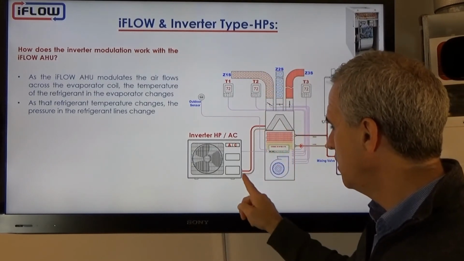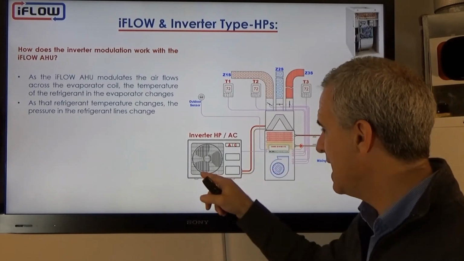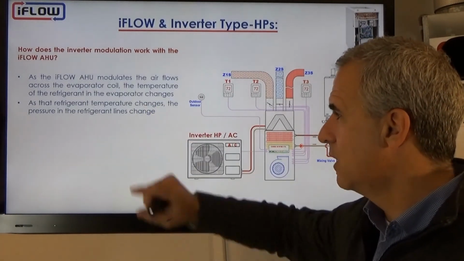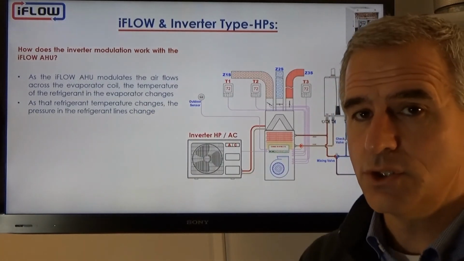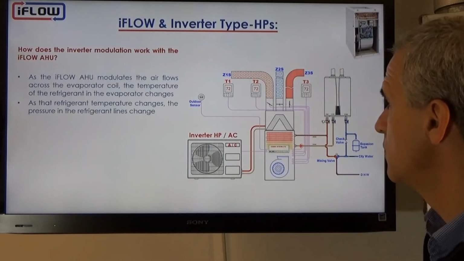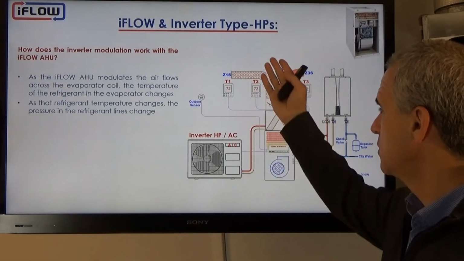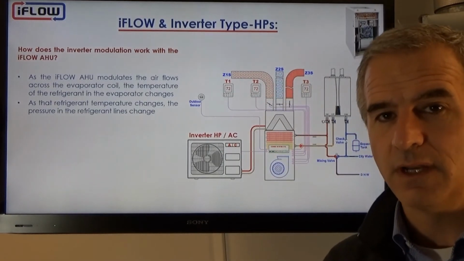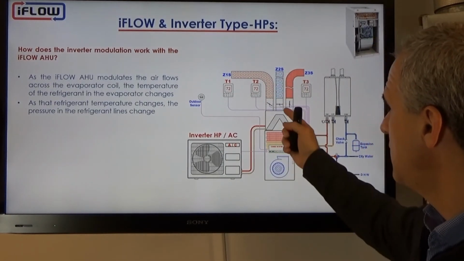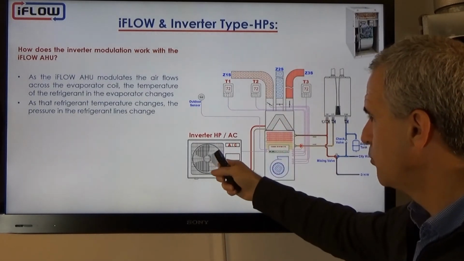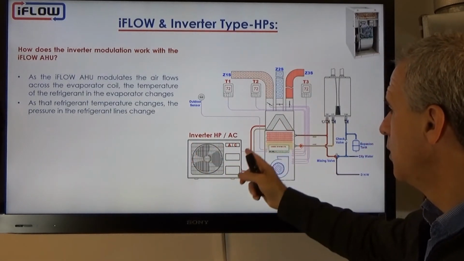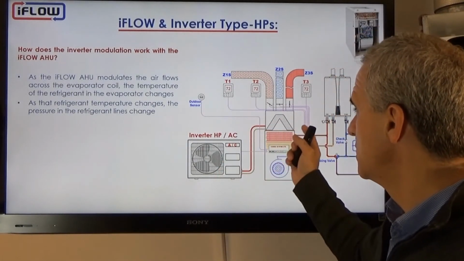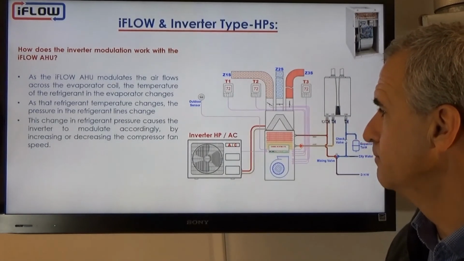That refrigerant going back at a warmer temperature, at a different gas pressure, is going to allow the compressor to modulate to whatever we're going through. So as we modulate the airflow through the house, depending on the number of zones that are calling, the compressor for the inverter unit will modulate based on the pressure differential that we're creating across the evaporator coil.